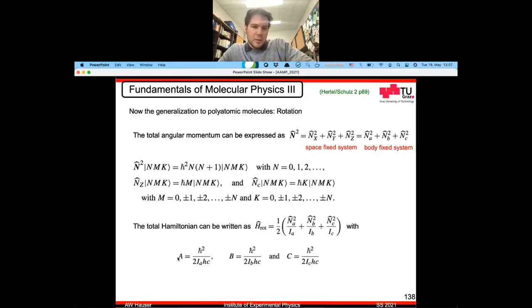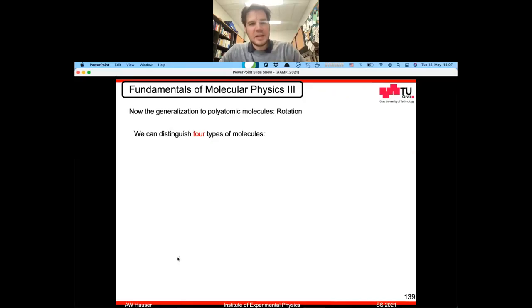So this is our approach in principle, and now we have to discuss it for the possible ways of how our molecule can be shaped. We will distinguish 4 types of molecules, starting with the one that we had already discussed before.